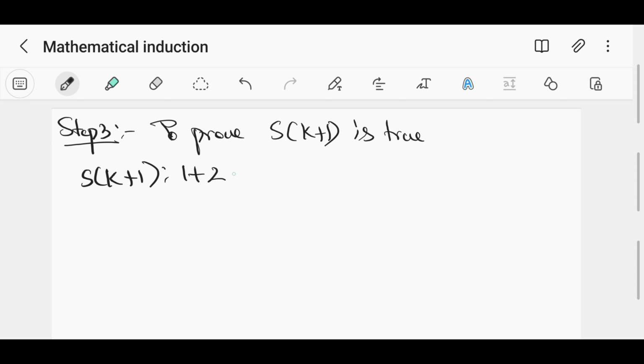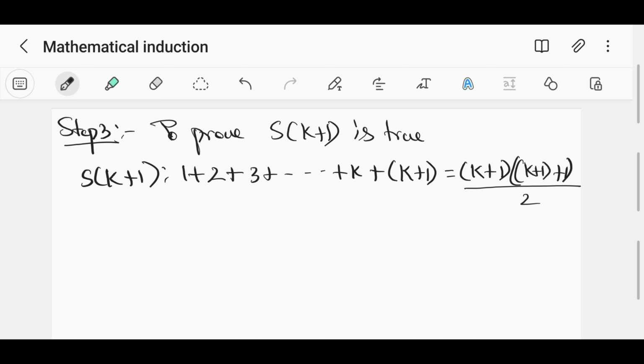So the statement is 1 plus 2 plus so on plus k plus 1 is equal to, in place of n, I told you that you have to put k plus 1. So what do you get? (k plus 1) into (k plus 1 plus 1) divided by 2.